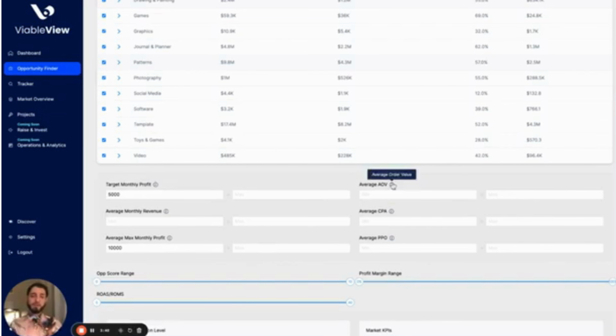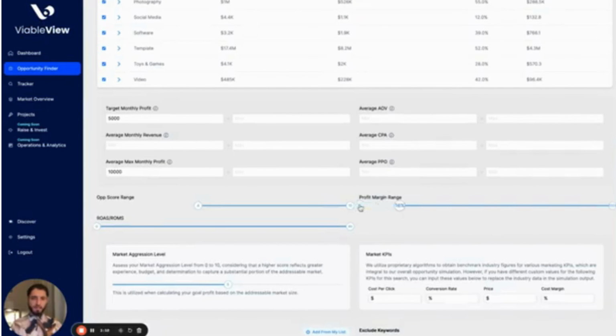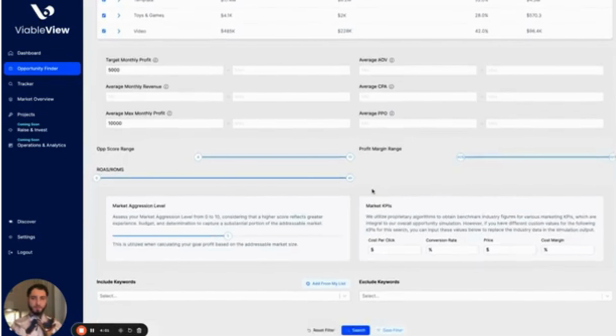I'm not going to input any range for the average order value or price, cost per acquisition, or profit per order. I am, however, going to slide up our opportunity score range. I'm going to slide up our profit margin range to 40 to 100. And then here we have our market aggression level. This is important for all entrepreneurs to use in this search.